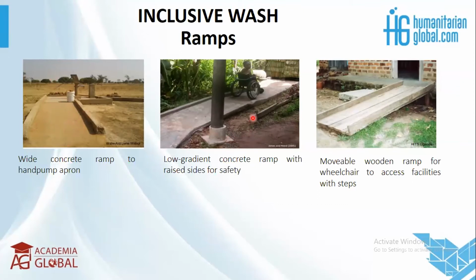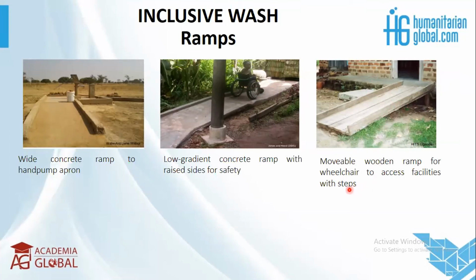In the second photo here, the ramp also should have a low gradient. So when you're looking at ramps, you look at the gradient so that it is also safe for people who are using a wheelchair, so that they are able to access it very well. The third one is still about ramps. This ramp is movable, it is a wooden ramp, and so it can be used to access facilities with steps.